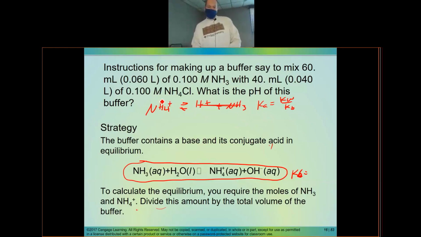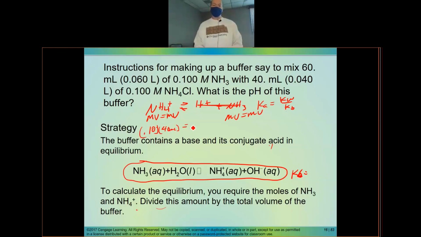All right, so the problem here is we have to do MV is equal to MV. This is a dilution. When you're doing a dilution, MV is equal to MV. That is always for a dilution. For our NH4 plus, we had a molarity of 0.1, a volume of 40 mils.